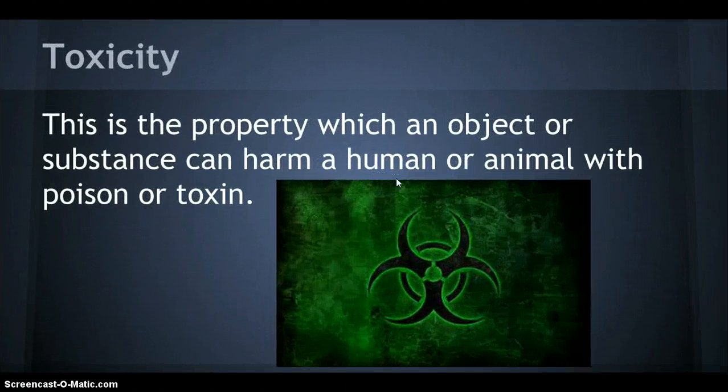Toxicity. This is the property by which an object or substance can harm a human or animal with poison or toxin. So, if a human or animal is exposed to a specific poison, it would weaken their body and soon it would eventually kill off some cells, and the killing of those cells is irreversible.